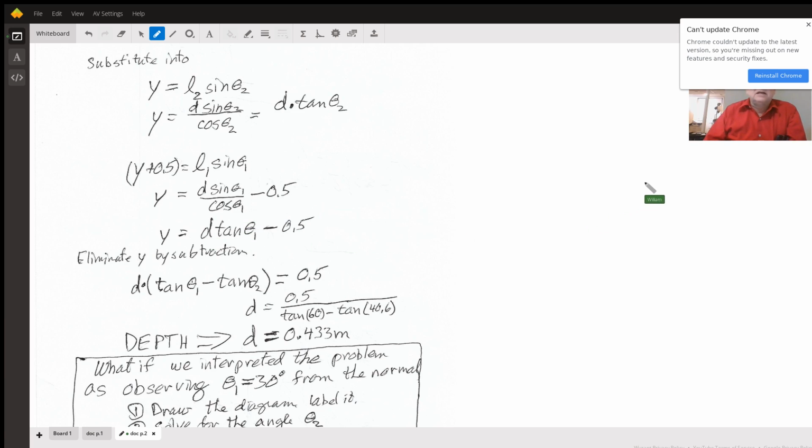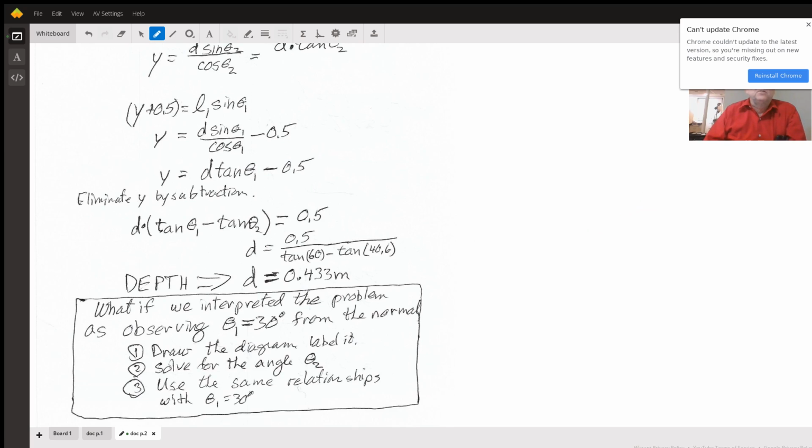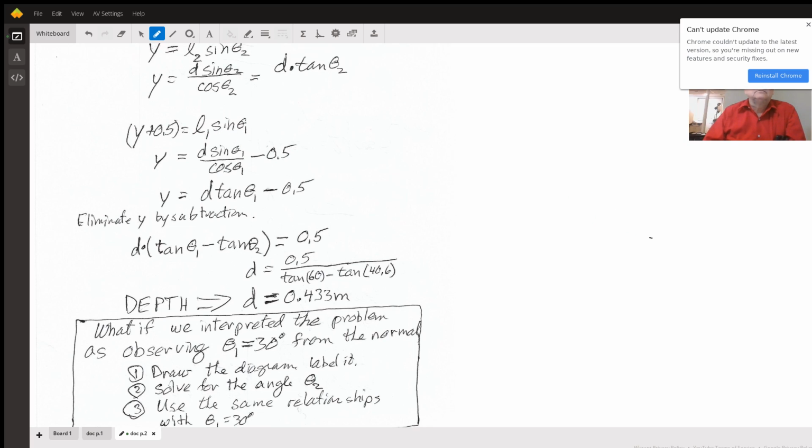And that is equal to tangent of theta 1 times D minus 0.5. So if we eliminate the Y's here, make this one equal the one above it, D tangent theta 2 is equal to D tangent theta 1 minus 0.5.